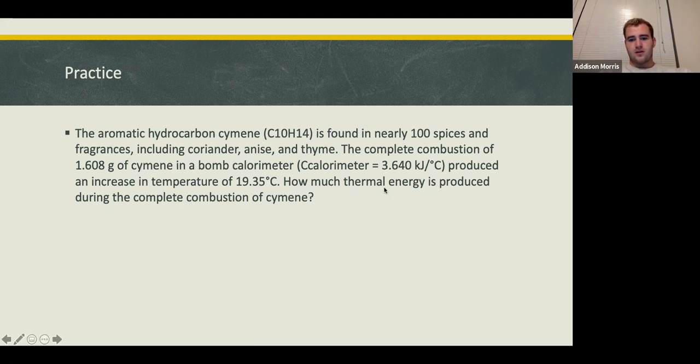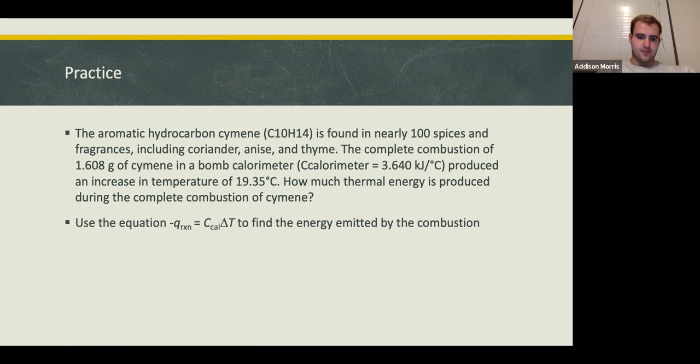So we know we're trying to find either delta H, the heat capacity of the calorimeter, or the heat that's given off, the Q. We have the heat capacity of the calorimeter, and it produces an increase in temperature of 19.35 degrees Celsius. We already know the delta T. So how much thermal energy is produced during the complete combustion of cymene?